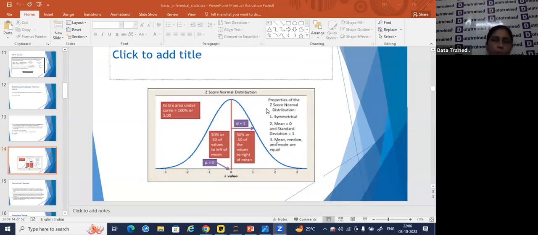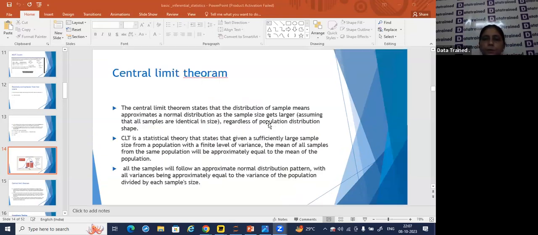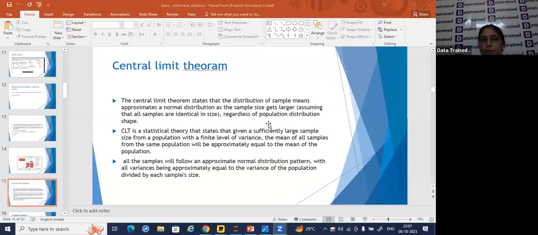Yes, if the data are moving into the minus, it should be closer to the mean, correct? Okay, now there is one of the theorems, the central limit theorem, CLT.